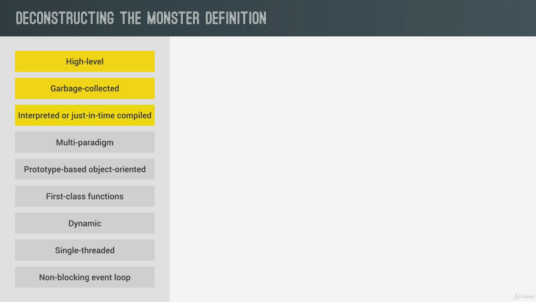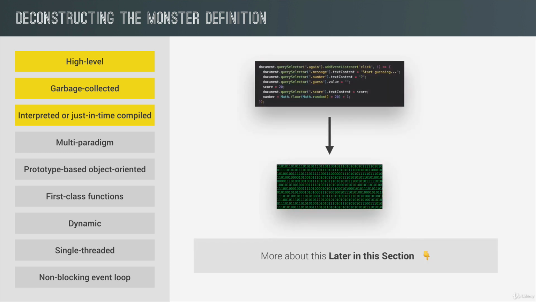Next up, JavaScript is an interpreted or just-in-time compiled language. And again, we will learn more about this in this section, but what you need to know for now is that the computer's processor only understands zeros and ones. That's right. Ultimately, every single program needs to be written in zeros and ones, which is also called machine code. And since that's not really practical to write, is it?